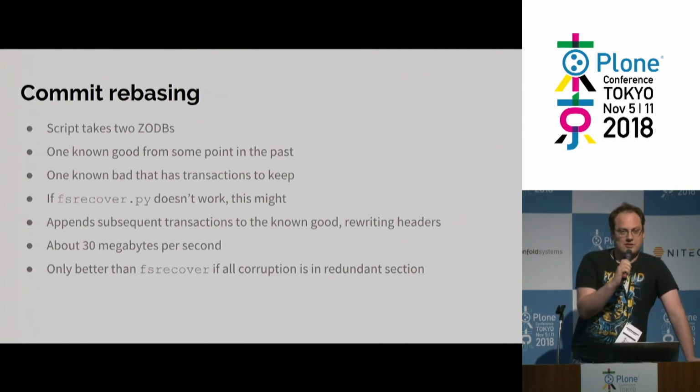What it does is it runs through both ZODBs until it gets to the last point where there's overlap, and then it starts copying the new transactions in and fixing the headers and the back pointers so that it's a valid ZODB. Then it runs FS Recover again at the end just to be sure, because it's all dark magic. Back in the day, we could just email these files to Jim and he'd fix them for us.